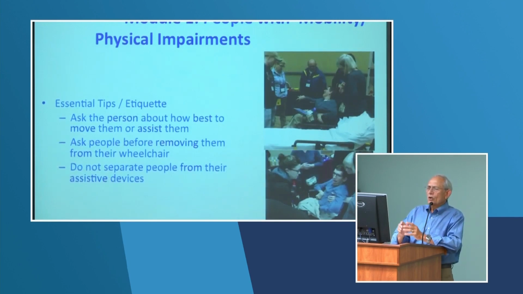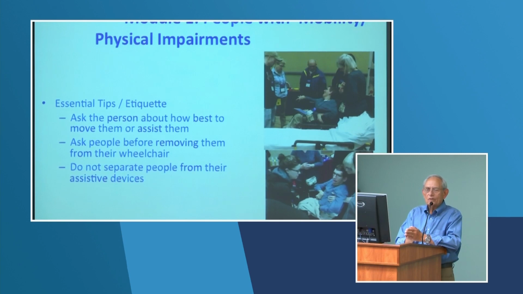Now, ask the person with a disability how best to move them or to assist them. So if they're bedbound, or if they're in a wheelchair, or if they have an assistive device, ask them if they've been transported before and how that went.